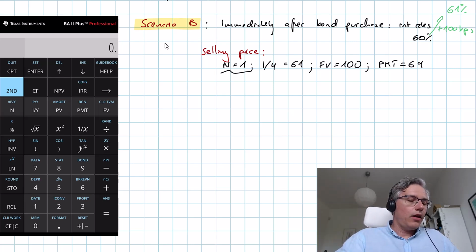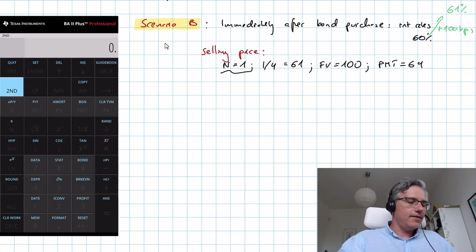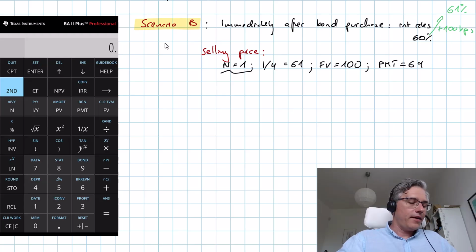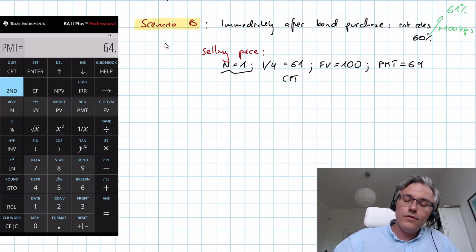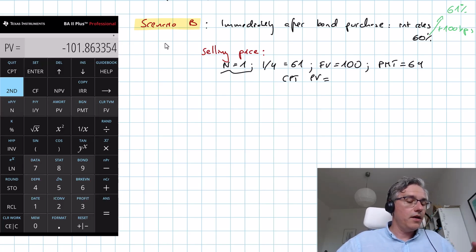So, okay, I can't remember if I cleared my time value of money worksheet or not, so let's do it again. Second FV, and now 1 for N, 61 for I/Y, 100 for my FV input, and 64 for the PMT, and I want to compute PV, CPT PV. Okay, I'm looking at an answer of 101.86.